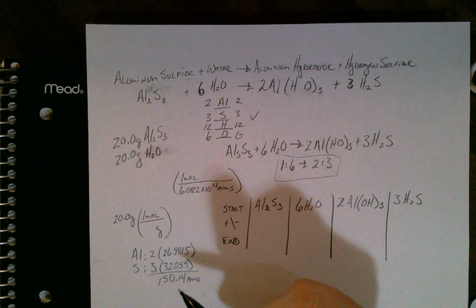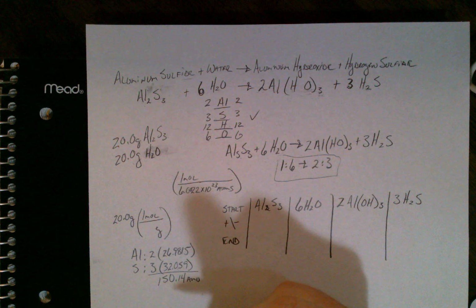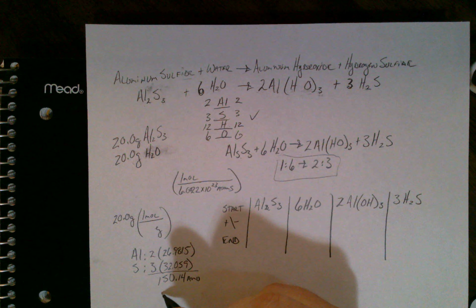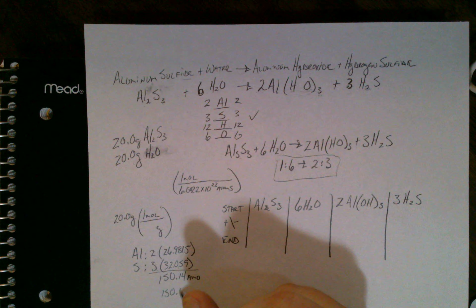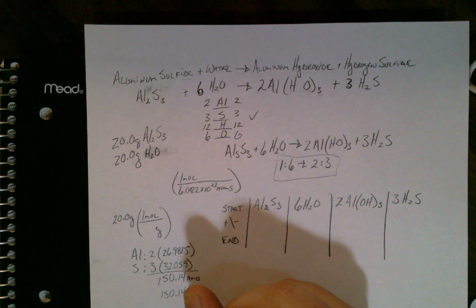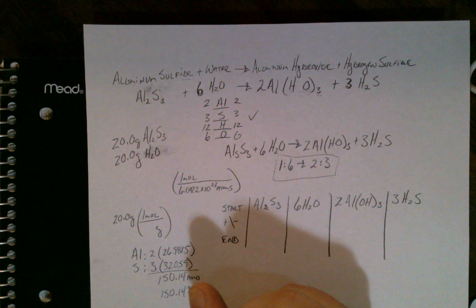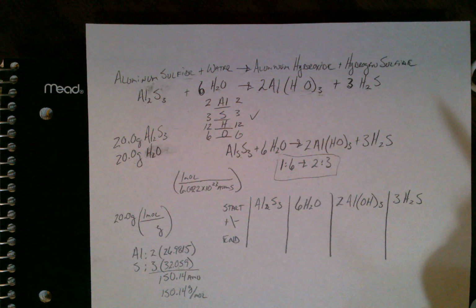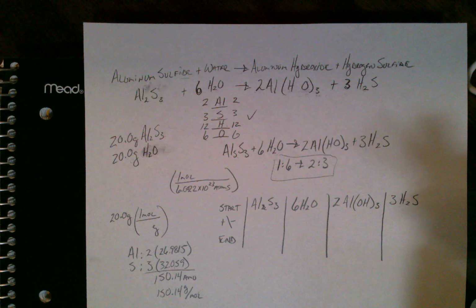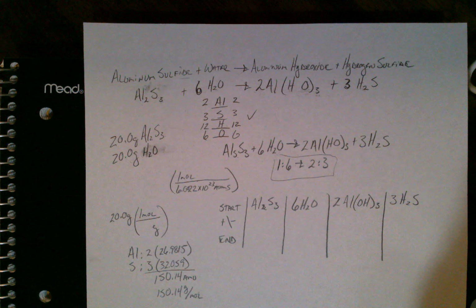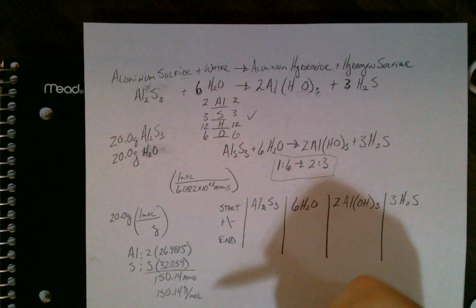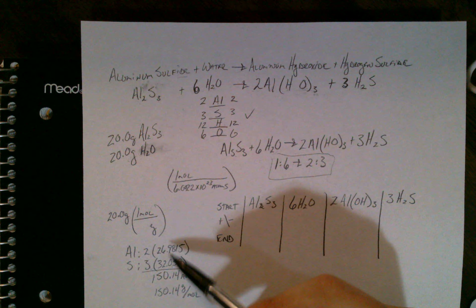But we can't use AMU. The great thing about chemistry and the great thing about this design is that 150.14 AMU is exactly equal to how many grams per mole that particular molecule has. And that goes for all the molecules, all the elements. You can figure out the atomic mass, you can figure out the grams per mole.